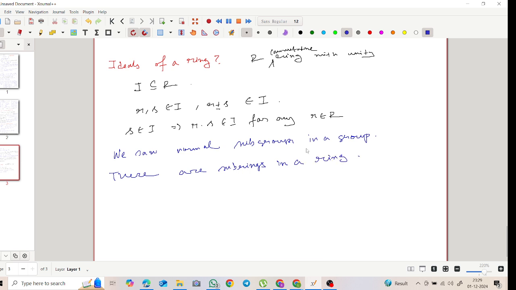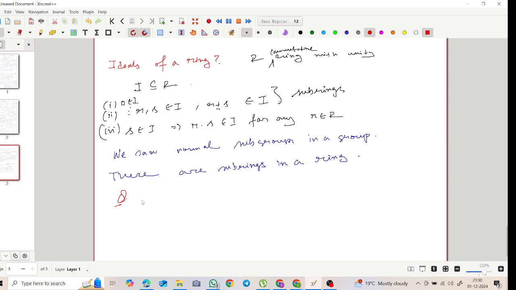So these first two properties are satisfied by subrings. So any ideal is a subring.